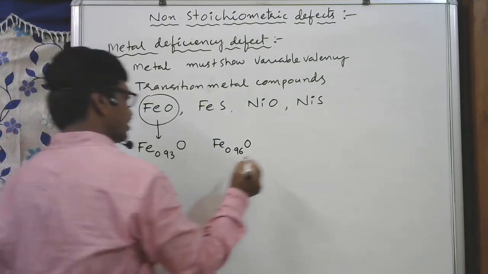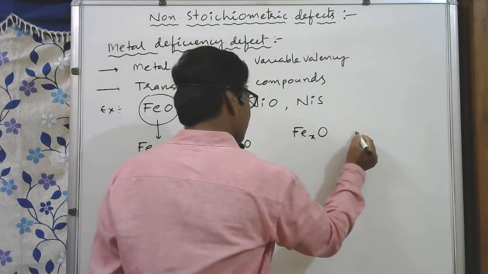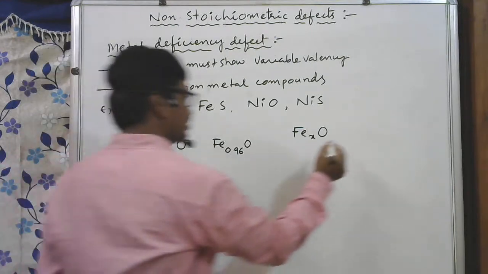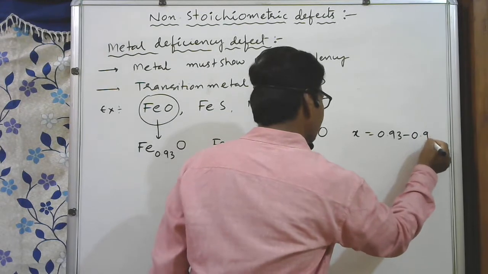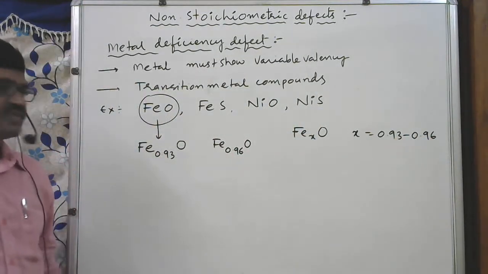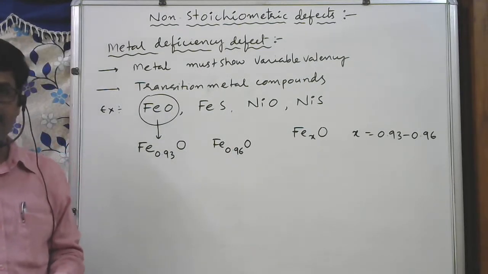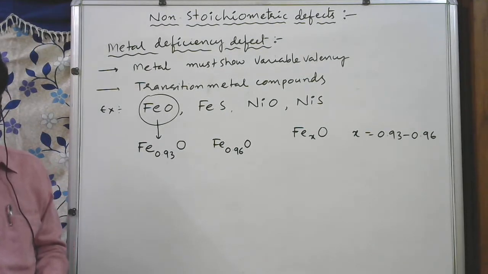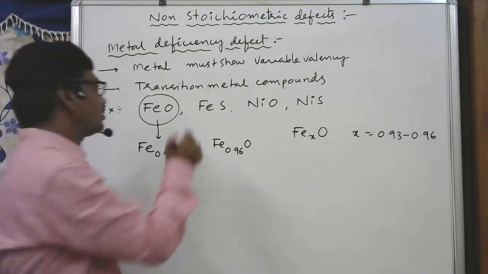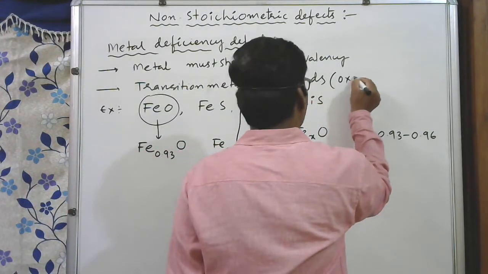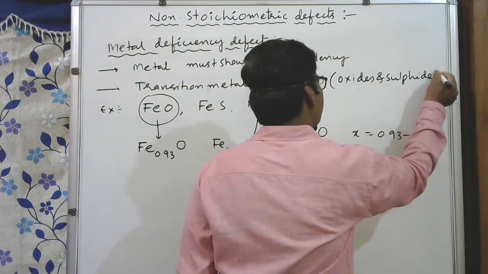Otherwise, we can write it as FexO, where x is 0.93, and the range is 0.93 to 0.96. Similarly, iron sulfide, nickel oxide, and nickel sulfide we can write in the same way. So metal deficiency defect is related to transition metal oxides or transition metal sulfides.